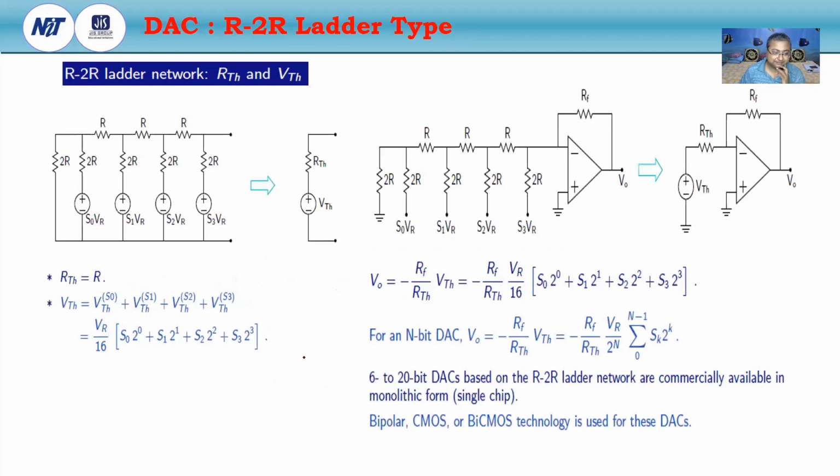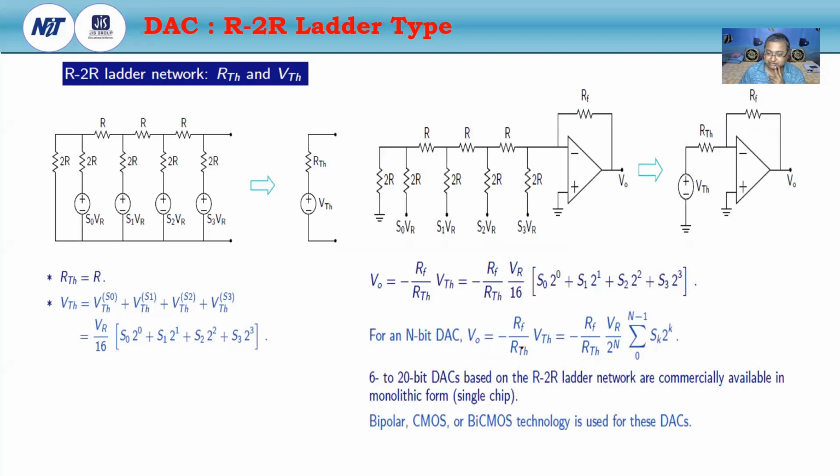So now if this is a total number of n bits, then we will write like this. The output voltage, this is an inverting amplifier.